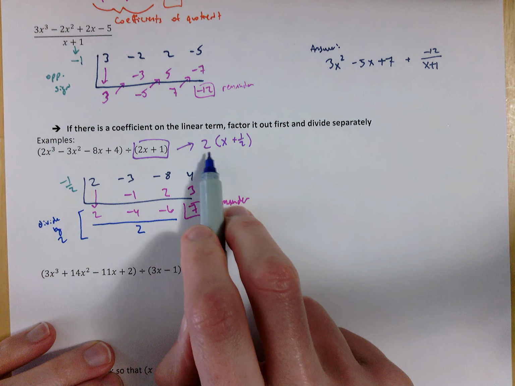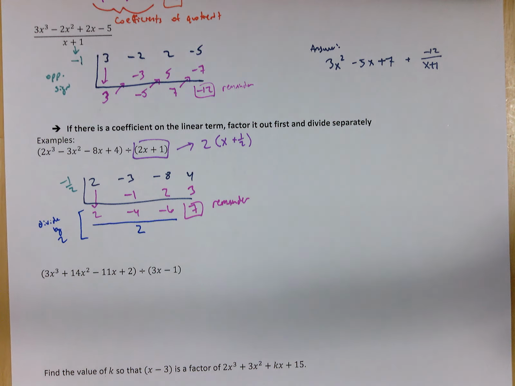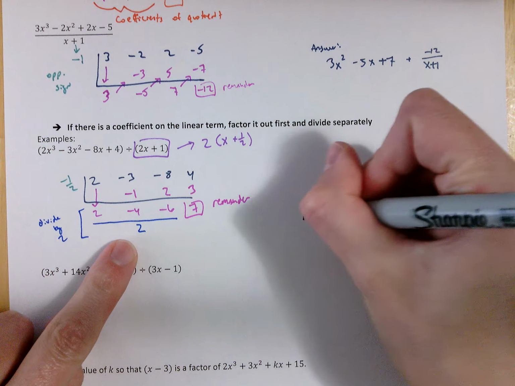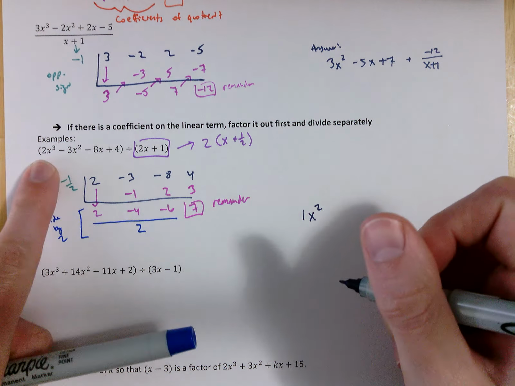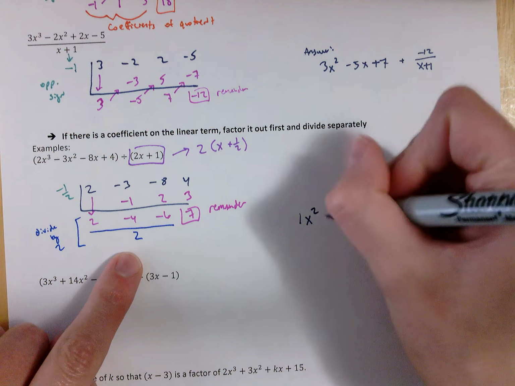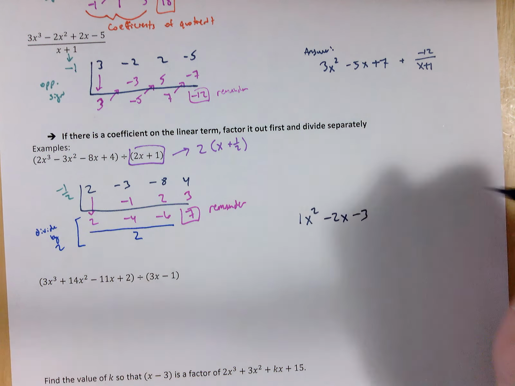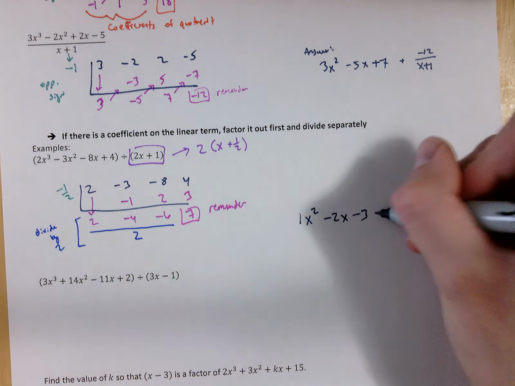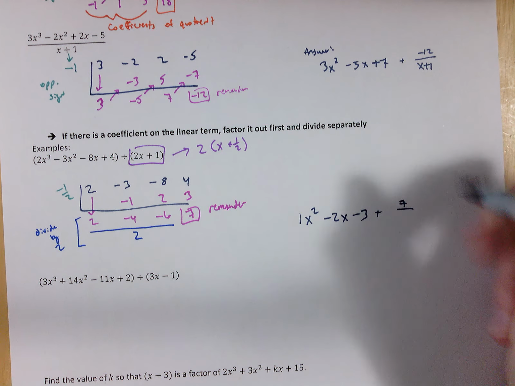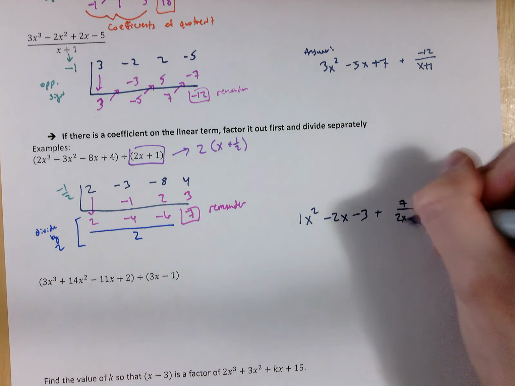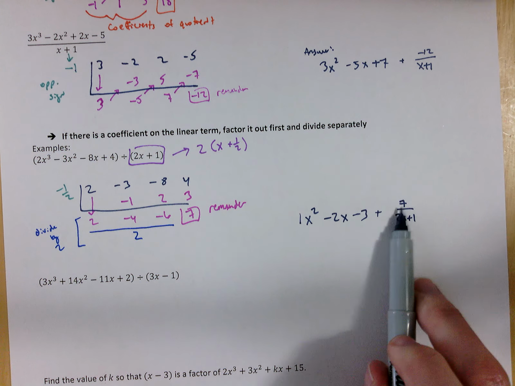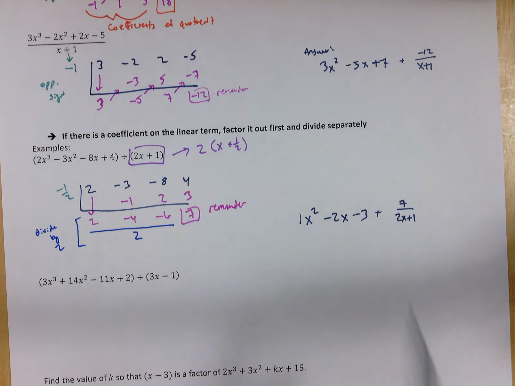That's going to get me my final answer. 2 divided by 2 is 1x squared. It's 1 lower than that. Negative 4 divided by 2 is negative 2x. Negative 6 divided by 2 is negative 3. The remainder you do not divide by 2, so you leave that as 7 over 2x plus 1. We're saying this is what's left over after you finish dividing by everything else. So we still have 7 left over.